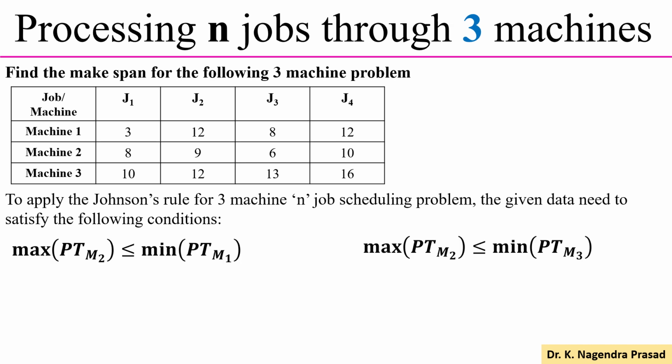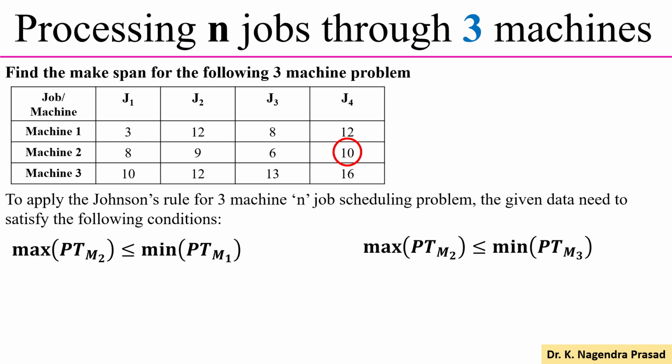One condition is that the maximum processing time of machine 2 should be less than or equal to the minimum processing time of machine 1. Second condition is that the maximum processing time of machine 2 should be less than or equal to the minimum processing time of machine 3. So in the data, the maximum processing time for machine 2 is 10.